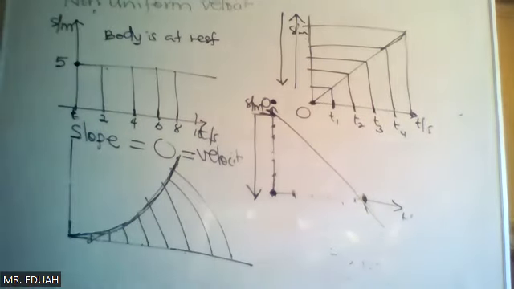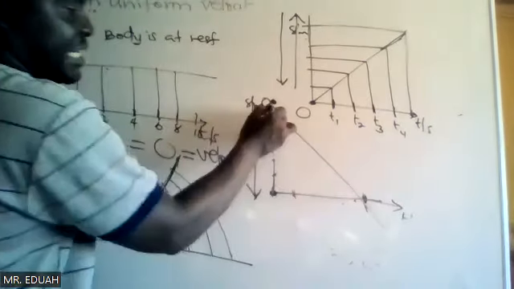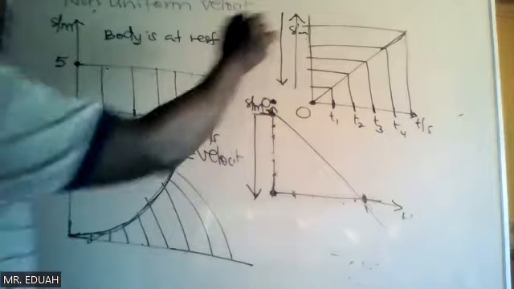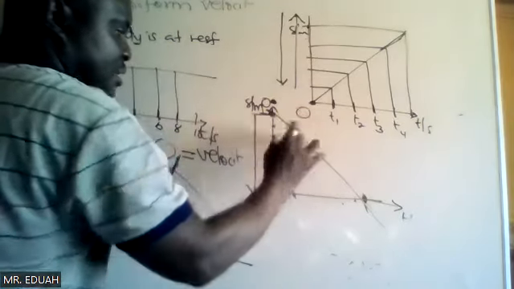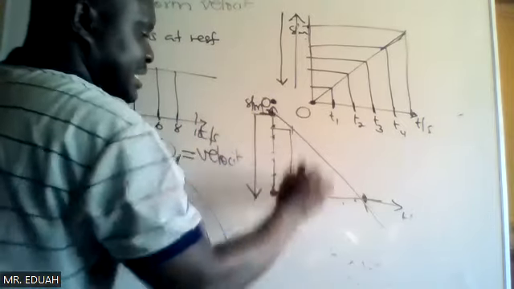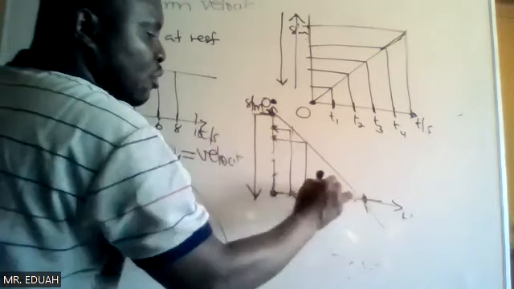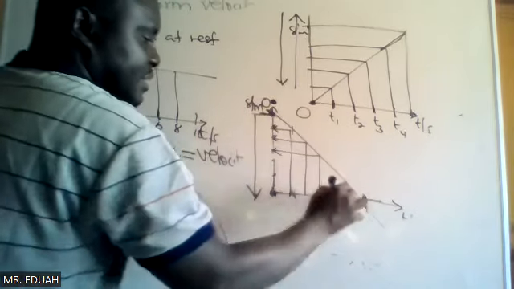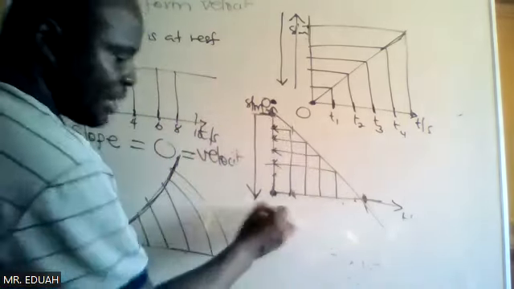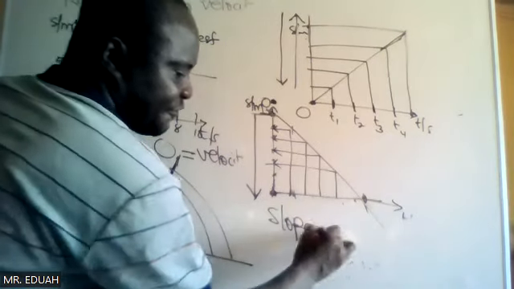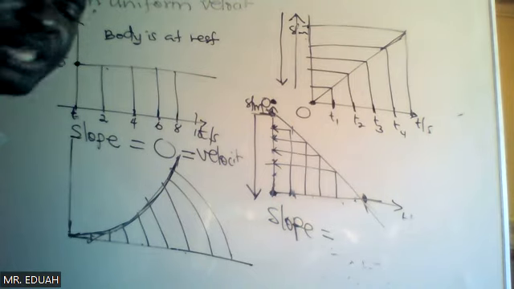This is the direction. Meaning at time t equal to 0, the body's position is maximum. Now, as time increases, we realize that the body's position decreases, or moves towards the starting point. Now, when you find such a slope, the slope is negative because of the direction of the displacement of the body.